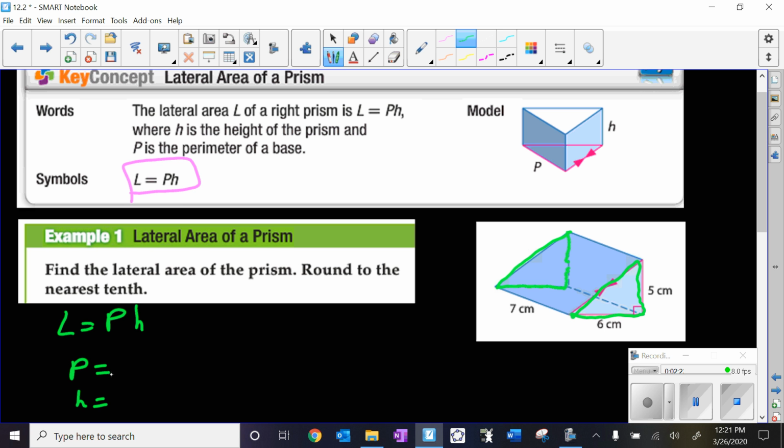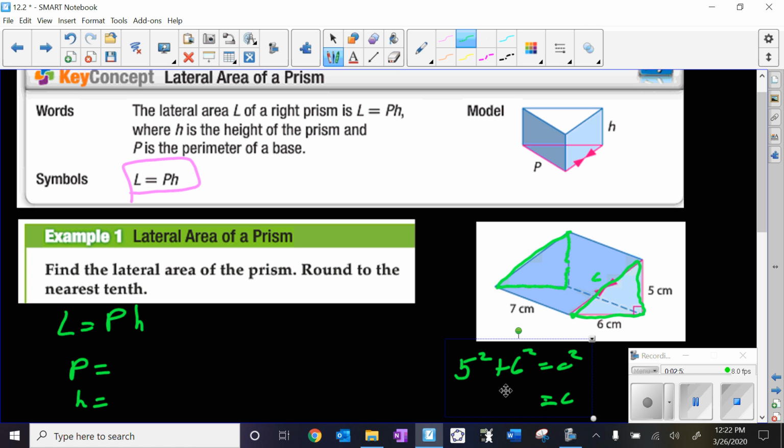Remember, perimeter is just adding up all of the sides. So I'm going to take 6 plus 5, and then I need to find this side length here, C, by using the Pythagorean theorem. So 5 squared plus 6 squared equals C squared. Should be able to do that.